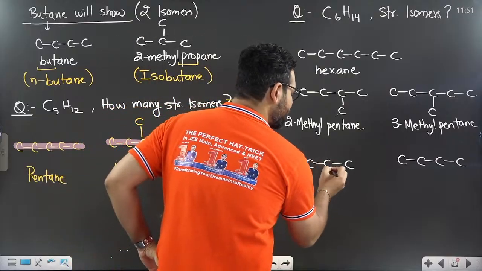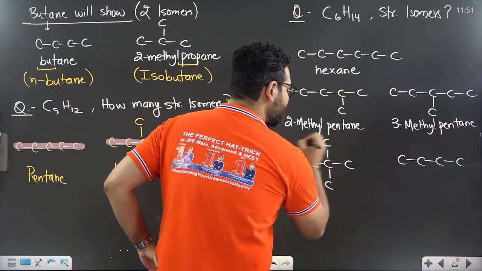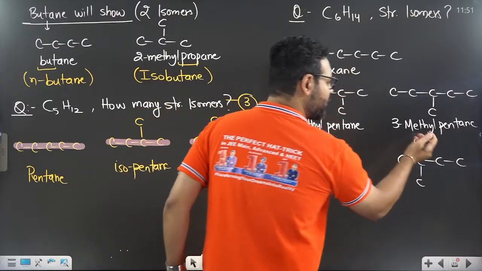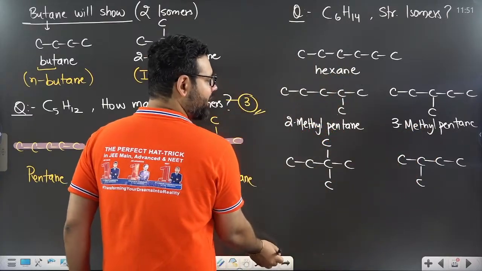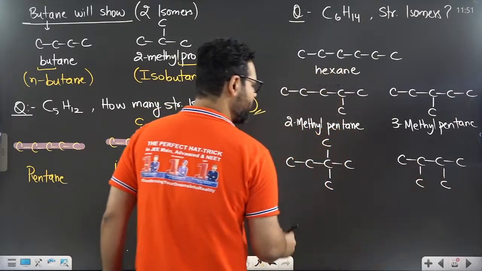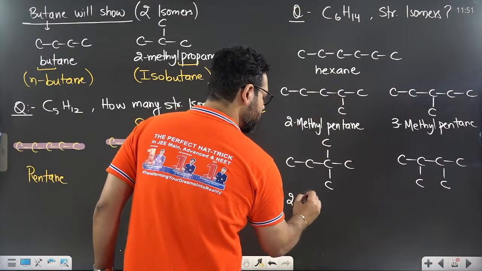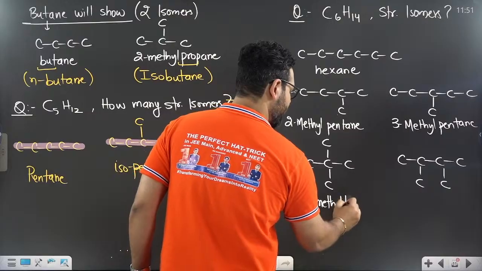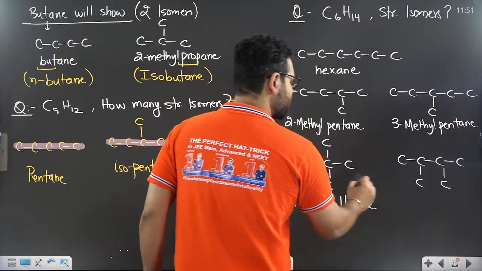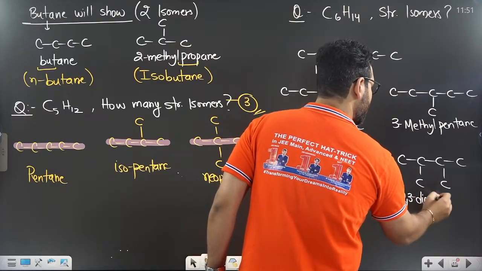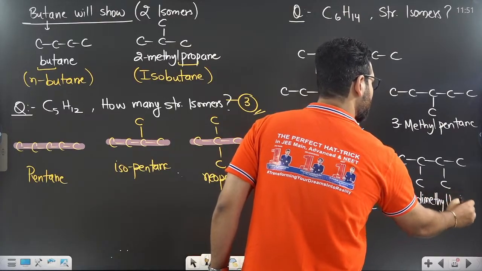I can keep both of them on the second carbon, 2,2-dimethyl butane. If I keep them at the other end, it's the same. Or I can keep them separately at carbon 2 and carbon 3. So this is 2,2-dimethyl butane, and this is 2,3-dimethyl butane.